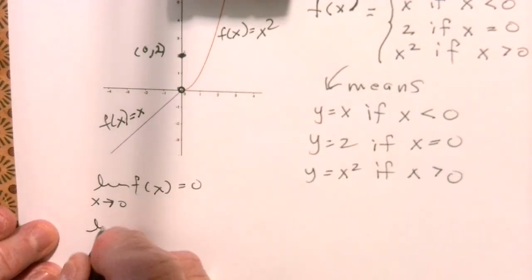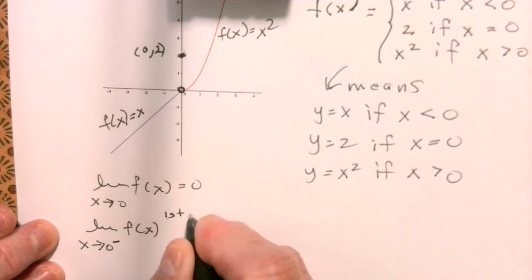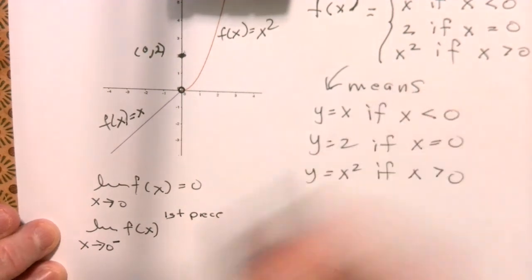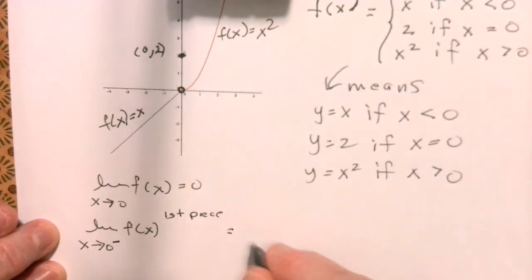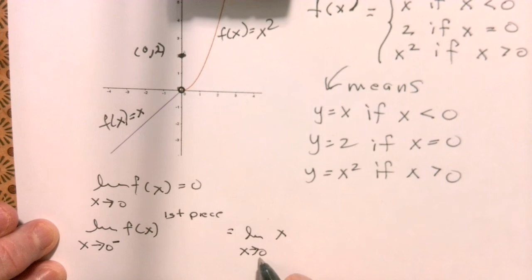But we can see that the limit as x approaches 0 from the left of f of x, we would use the first piece here, and it says y equals x. So that's the same thing as the limit as x approaches 0 of x. If you substitute 0 in there for x, you get 0.